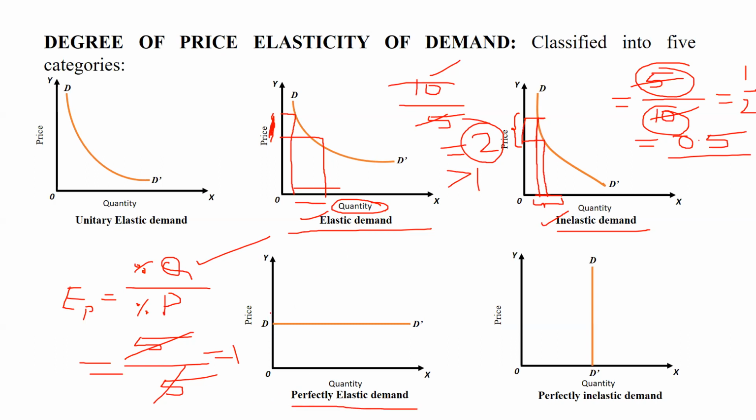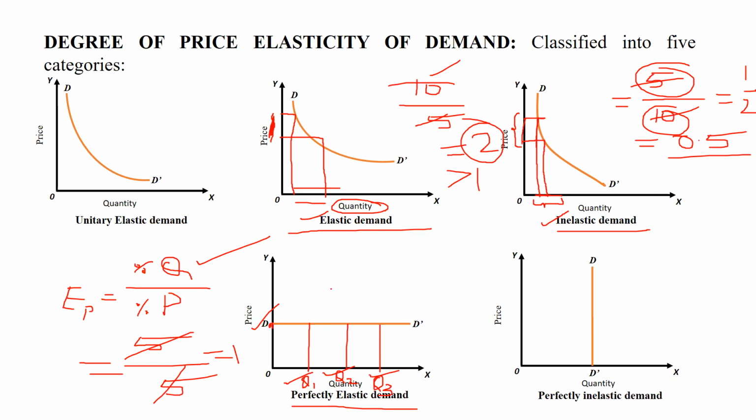Then we come to the perfectly elastic demand. Perfectly elastic demand means the price is fixed, but still people are demanding. Let's say this is Q1, this is Q2, and this is Q3. This quantity is varying, and this is the price, but this price is fixed.